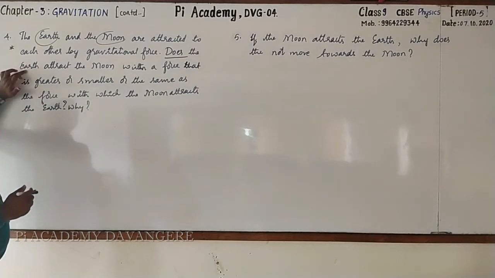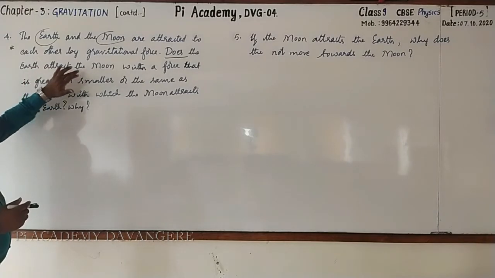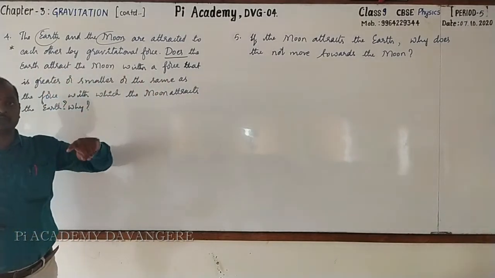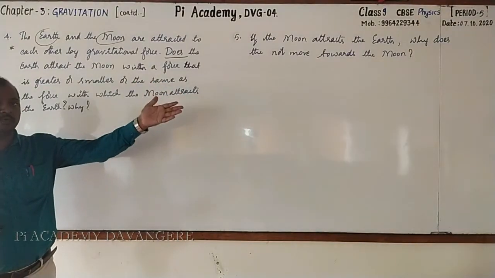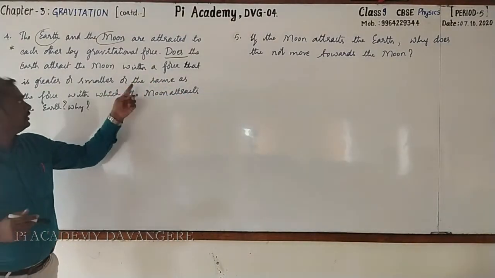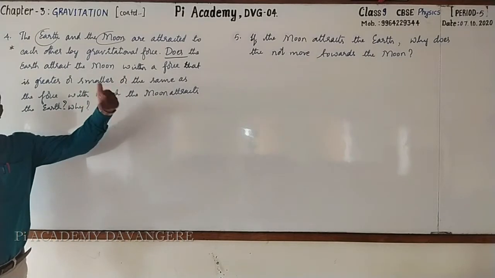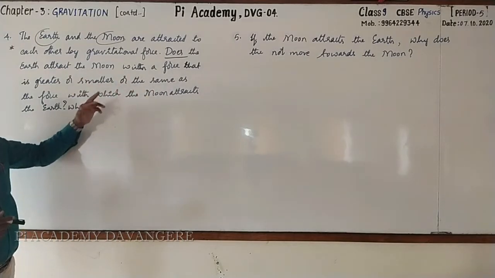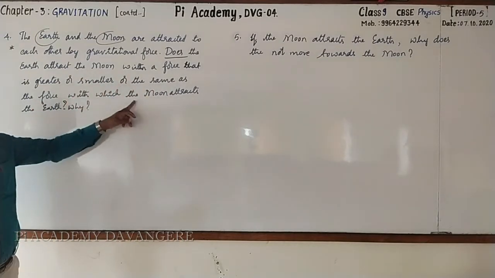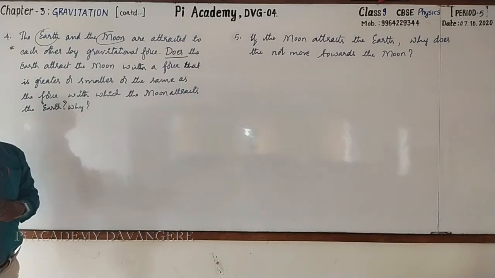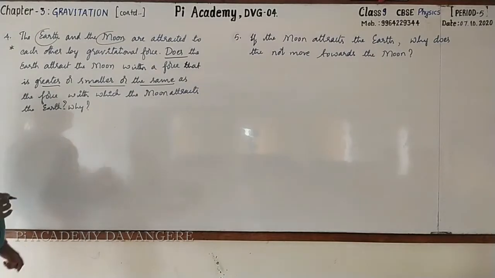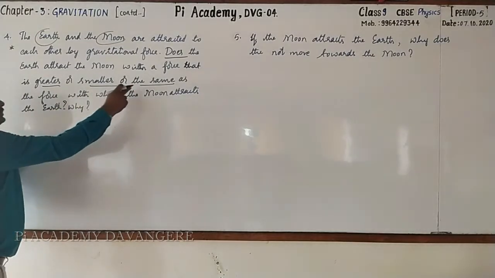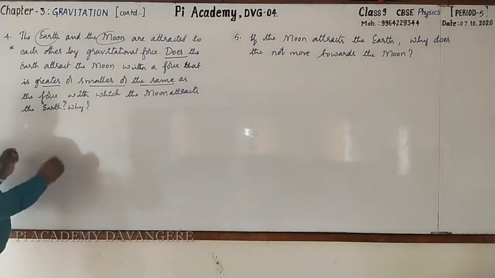Very simple. See, whether Earth attracts the Moon with a force which is greater than the force exerted by the Moon, or smaller than the force exerted by the Moon, or the same as the force with which the Moon attracts the Earth. Among these three, which is correct? Here, the third one is correct. Observe.